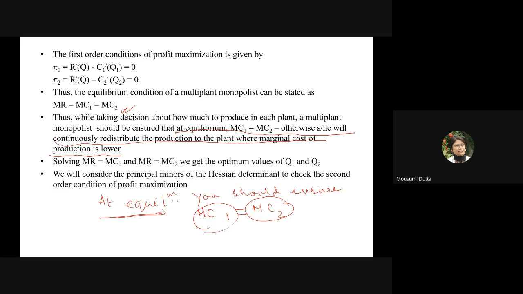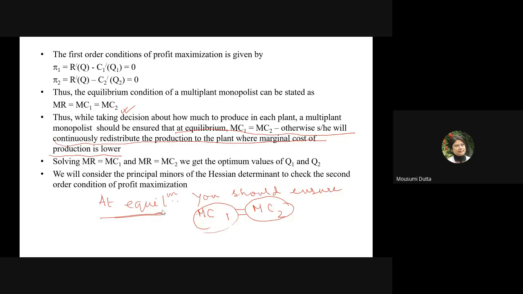Otherwise, when you are redistributing the output and saying that this is my final decision, 10 units should be produced in plant 1 and 30 units in plant 2, with this optimum distribution of output, you should have incremental cost in plant 1 equal to the incremental cost in plant 2. Otherwise, you cannot have equilibrium.